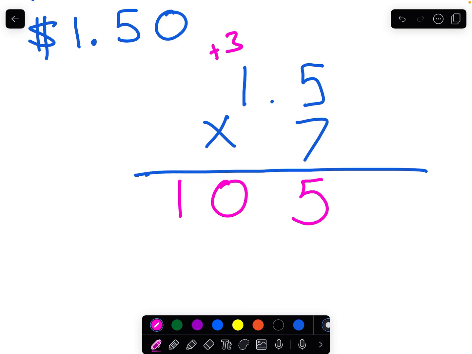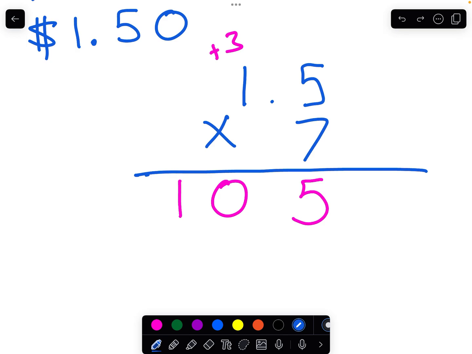So where do I put the decimal point? Well, the answer is you count. So you look at both factors and you count how many digits are to the right of the decimal point. Now here I only have 1 digit in my factors that is to the right of the decimal point.